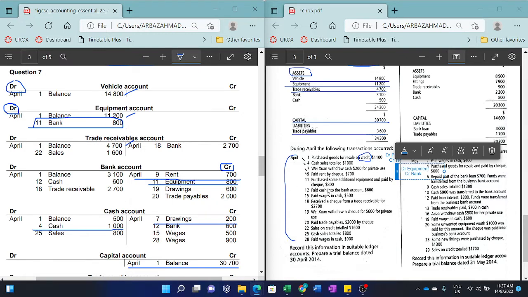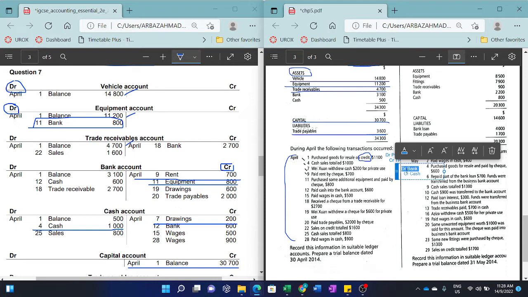Our next one is paid cash into the bank account. That means your bank balance will increase, and you put the cash into the bank. So you credit your cash and put it into the bank account. So your bank balance will increase and your cash will decrease. Let's say you have 100 ringgit, you take that 100 ringgit and put it into your bank account.